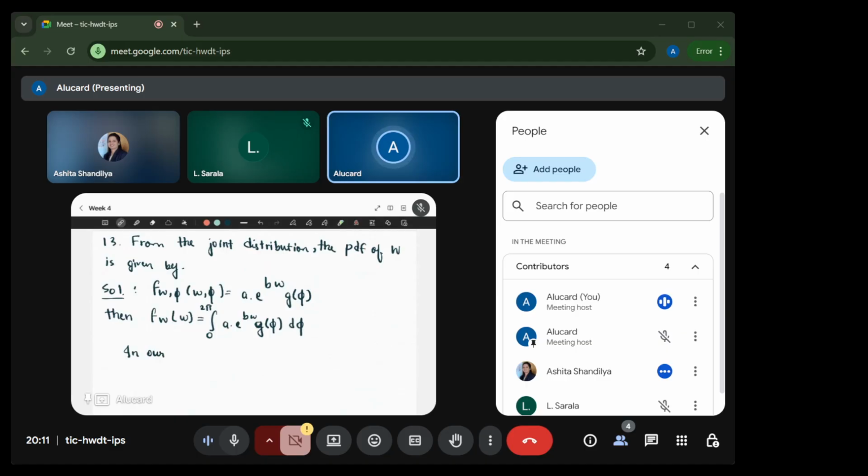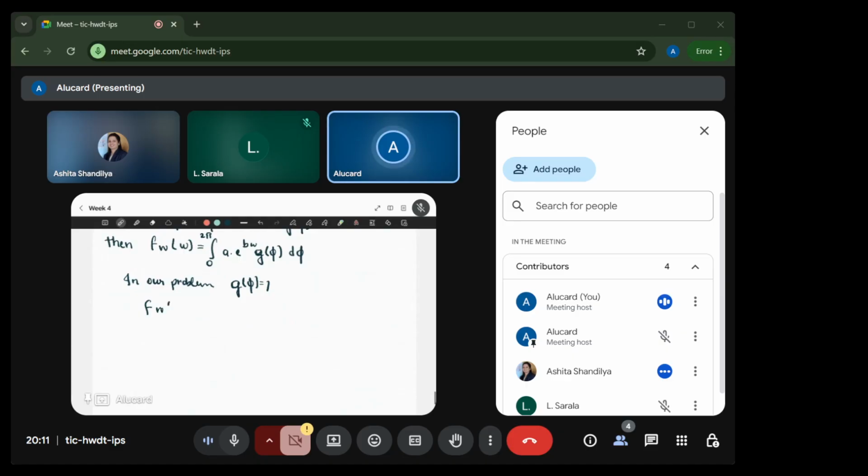In our problem, g of phi is 1. So f w of w is the integral 0 to 2 pi a e power bw d phi. So a e power bw has nothing to do with the angle phi, so we can take it out of the integral.